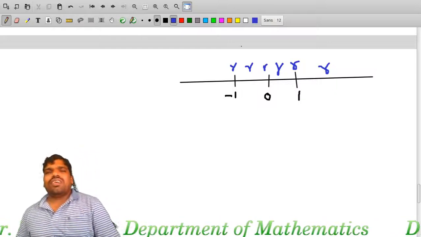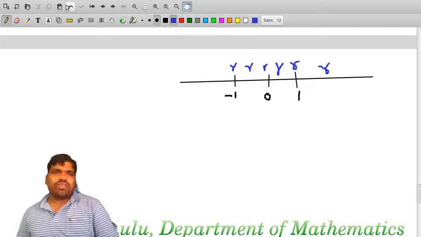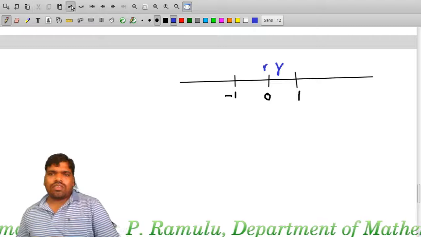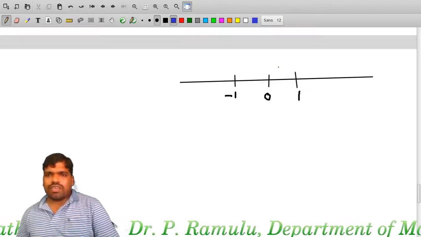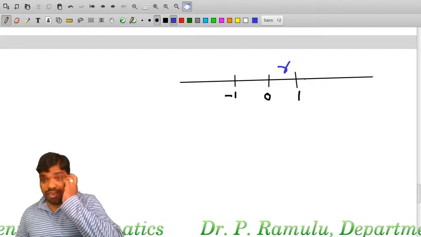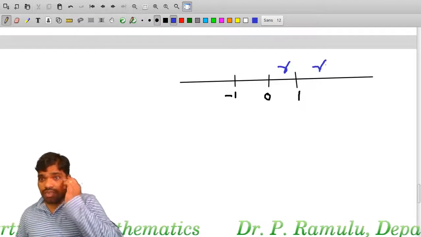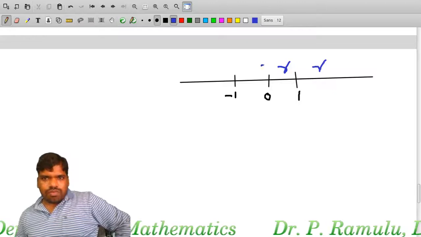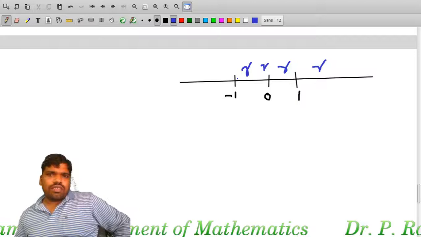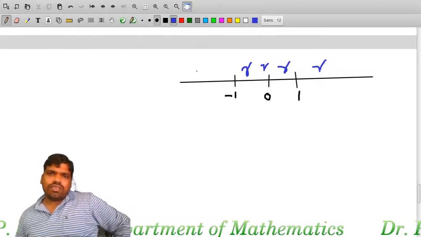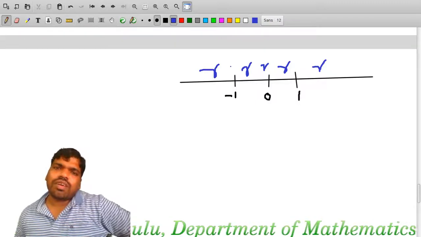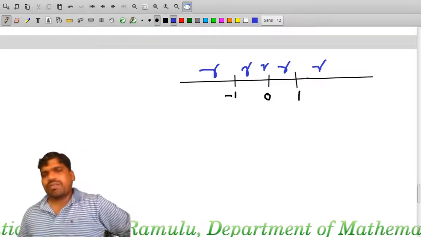Otherwise you can take that the cases are: r lies between 0 and 1, that is 0 less than r less than or equal to 1. If r is greater than 1, if r equals 0, if r lies between minus 1 and 0, and if r is less than or equal to minus 1, what happens?